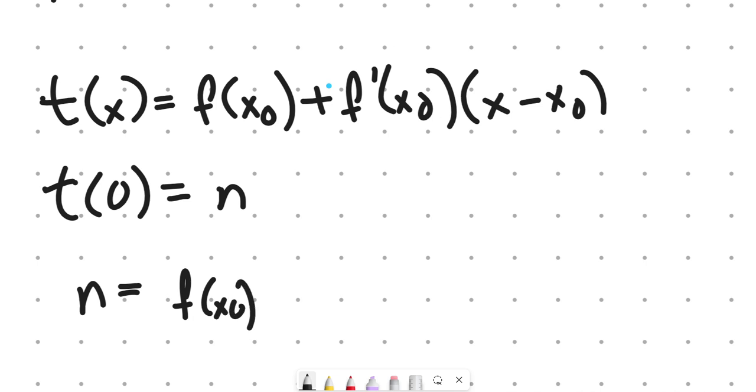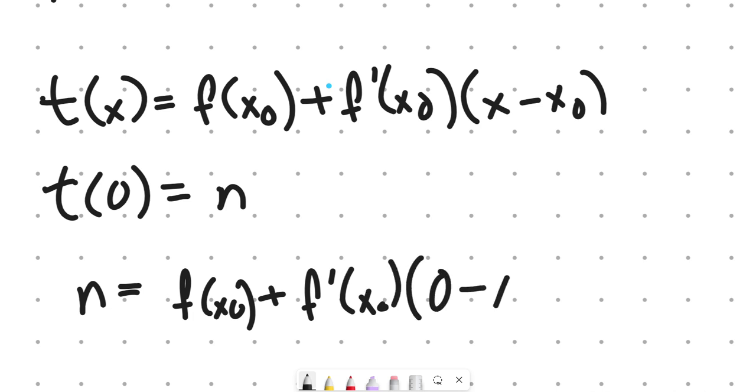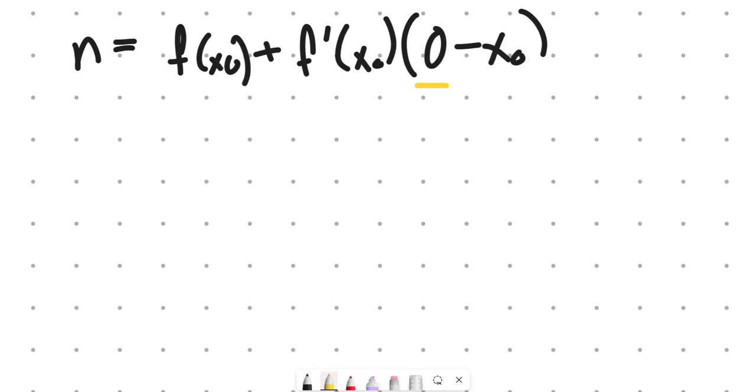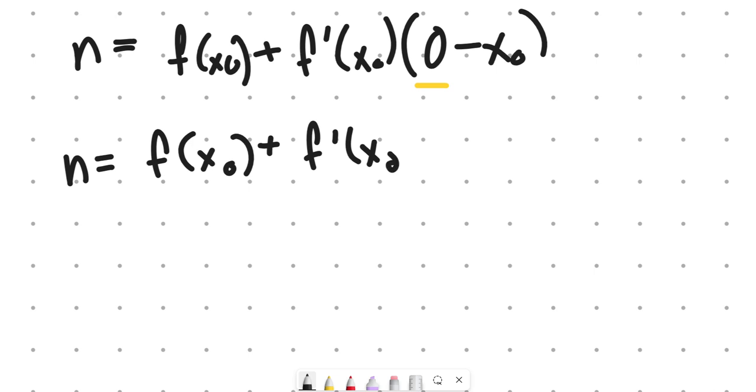Keep in mind that x naught is not the input. x naught is just a place where we do all of those things. So we have 0 minus x naught, and the 0 is just nothing, so we have minus x naught, so n is equal to f of x naught minus f prime of x naught times x naught.